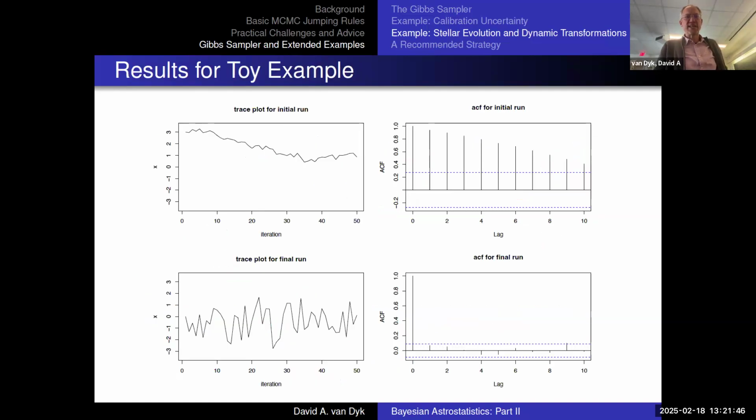This is, again, this toy example looking at the autocorrelation functions and the time series plot. So this is what the Markov chain looks like on the original scale, and on the new scale, I'm only running 50 iterations, but you can see it's jumping around a lot faster, essentially independent, versus high correlations.